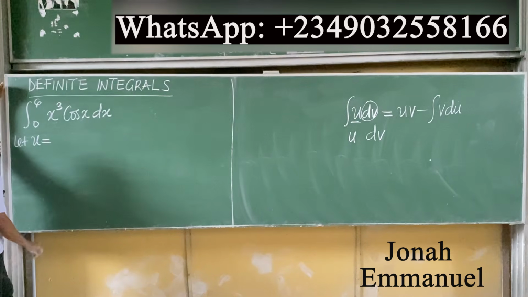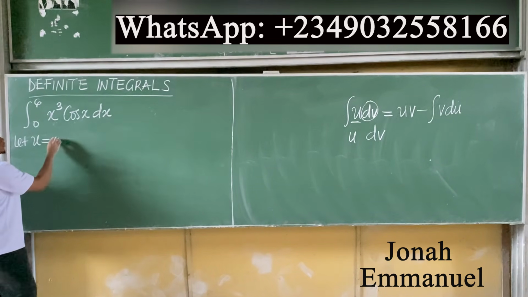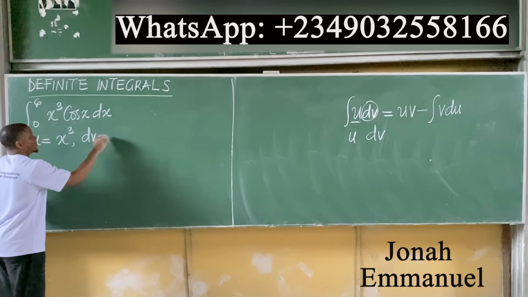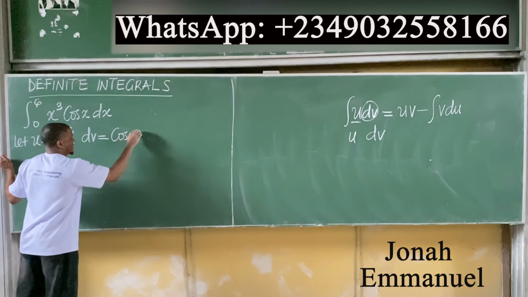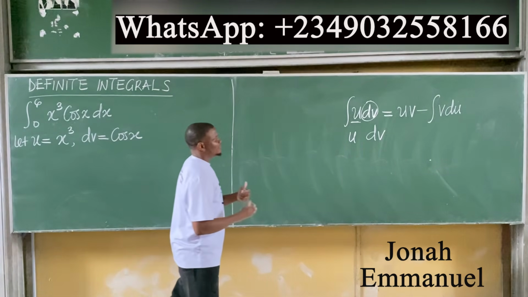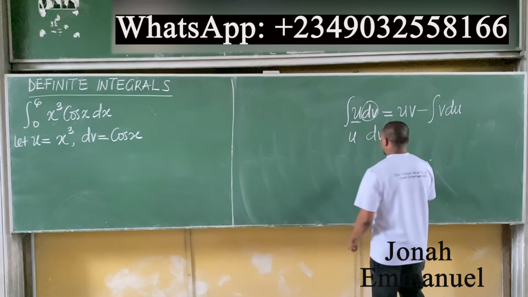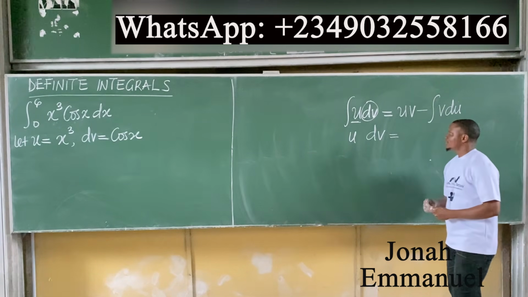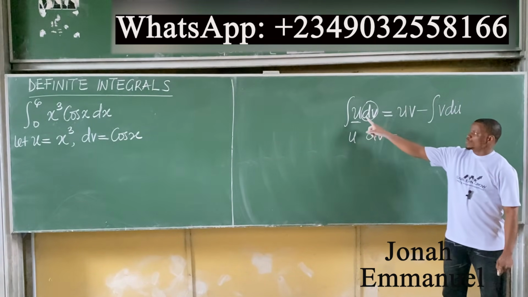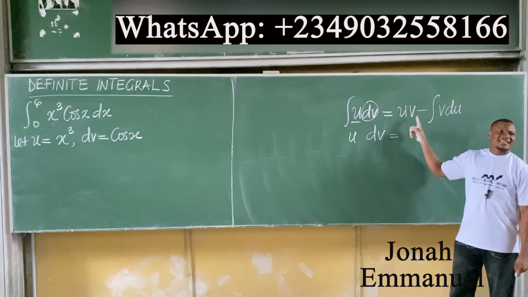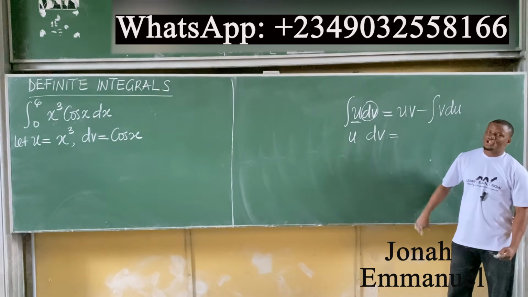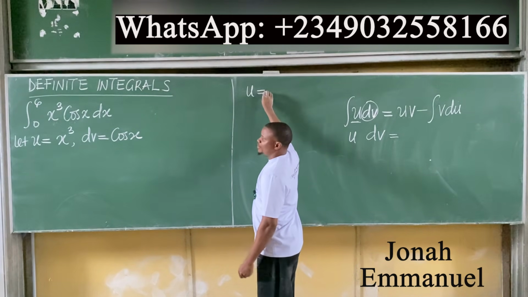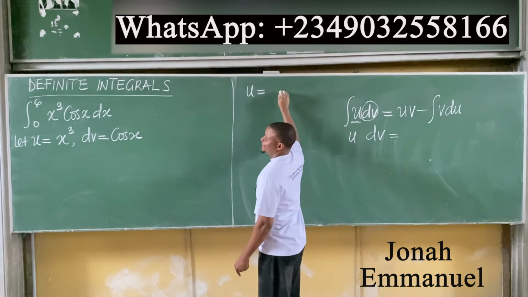Let u be equal to, which of these terms will be u? U is x cubed. What is dv? This one here, cos x. Please, this formula, if you have to memorize it, no problem. If I have u, I want to get du over dx or du, it becomes differentiation.